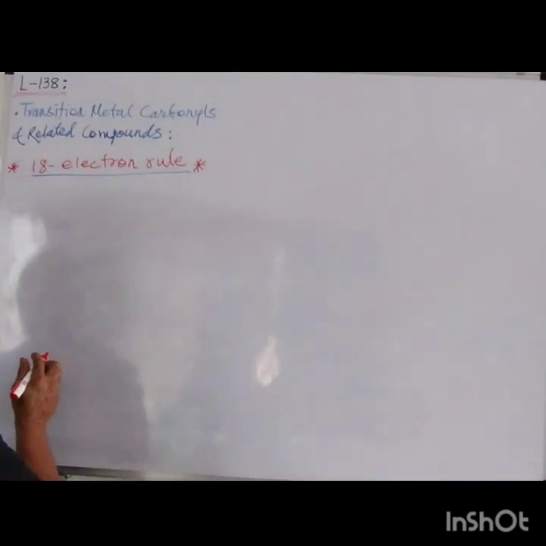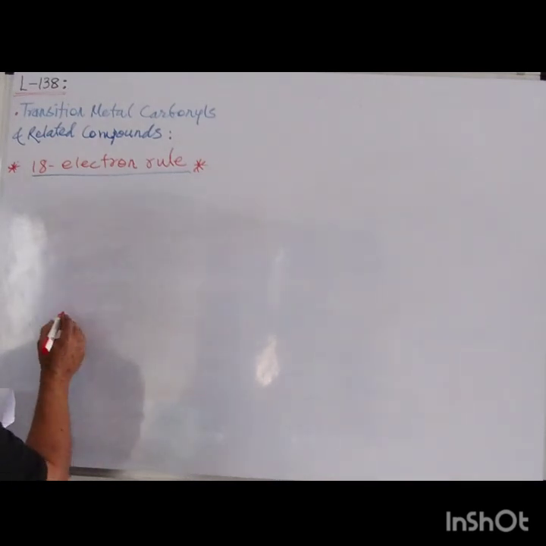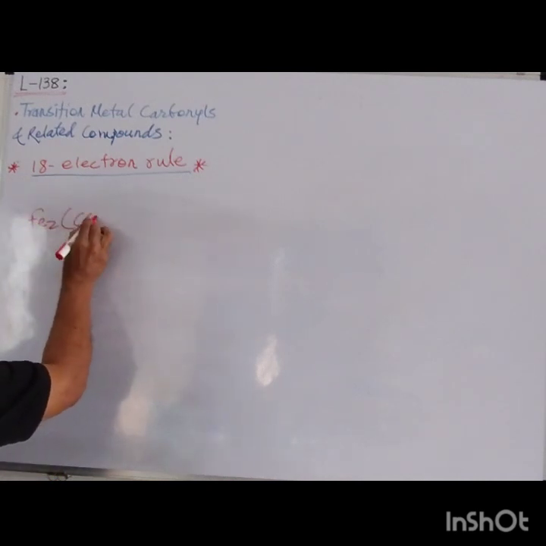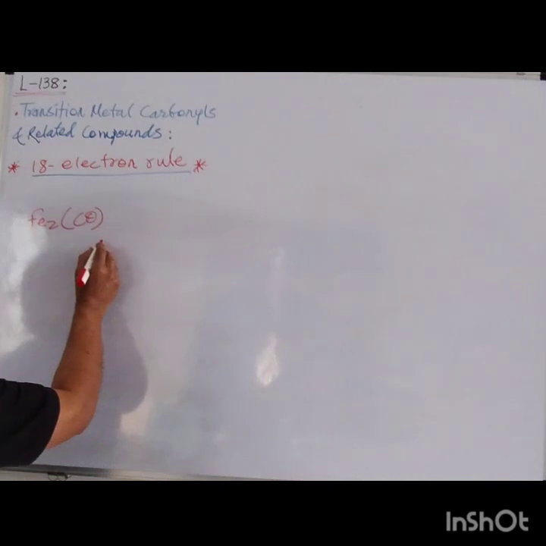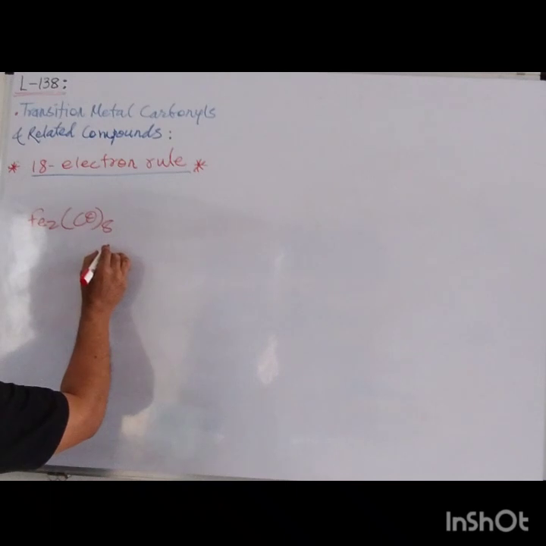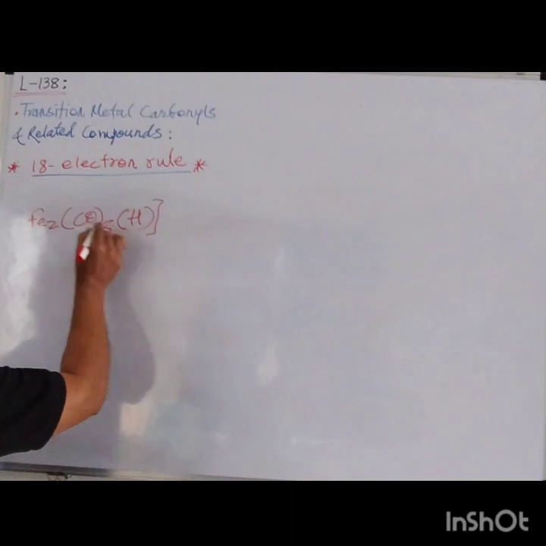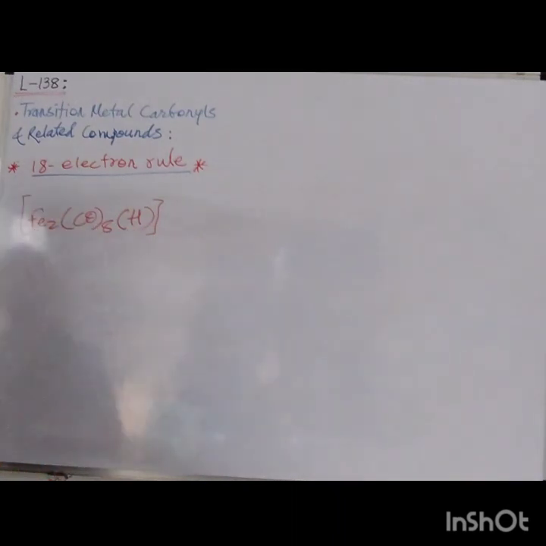This is another example where there are 2 Fe. That is, we can show the formula as Fe2(CO)8 and H. So here this Fe is in zero oxidation state.